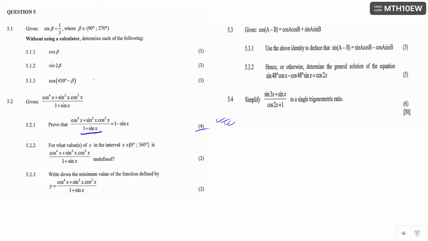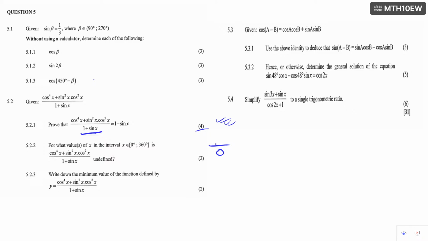So now this one, they said for which values of x in the interval x is an element of 0 degrees to 360 degrees is this function undefined? So this function is a fraction. So in order to make this fraction undefined is when we have 0 as our denominator.